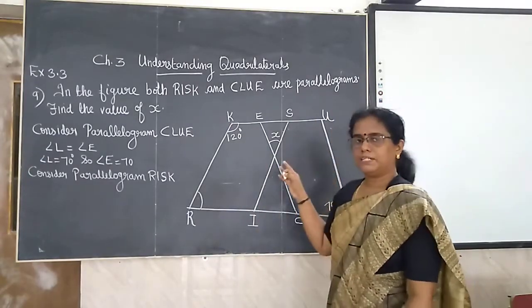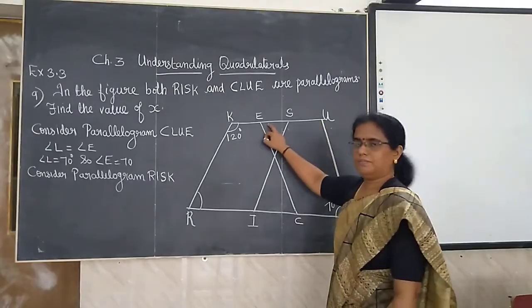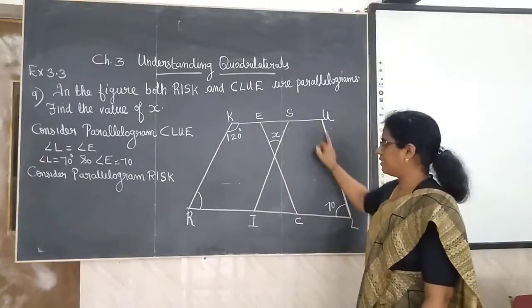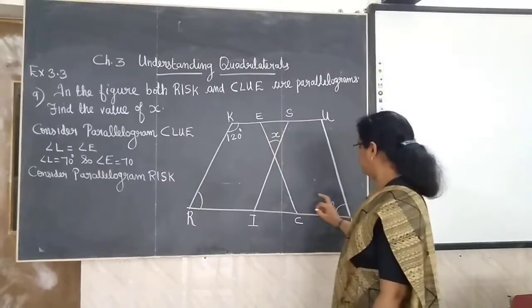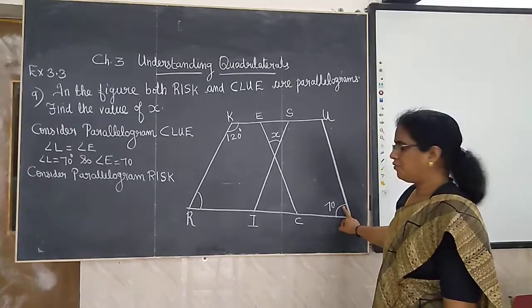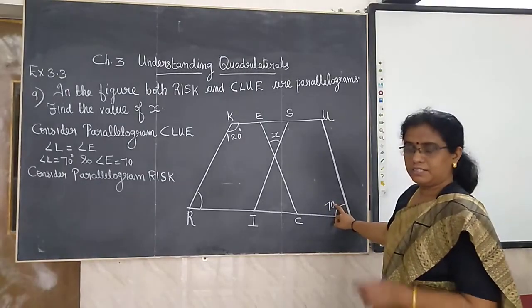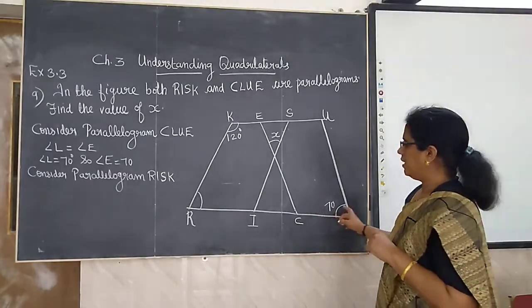For this, first we consider the parallelogram CLUE. Here this angle, angle L, is given as 70 degrees.